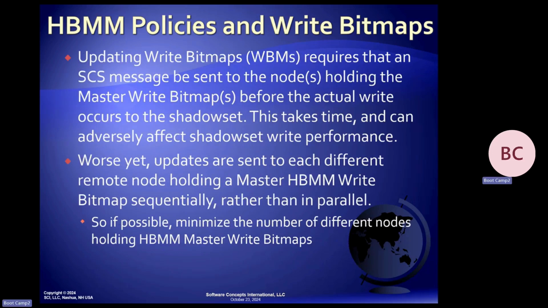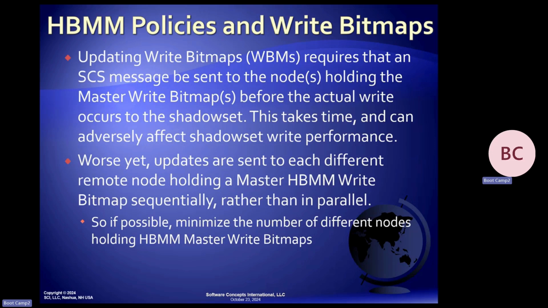Updating write bitmaps requires that we send a packet across. At one point, they could actually send these in parallel, but they ran into some undiagnosed problems, and now we are back to sending them sequentially to each of the remote nodes. So the number of write bitmaps you have will determine the number of round trips you've got to make to another node before you can finally do the write to the shadow set.